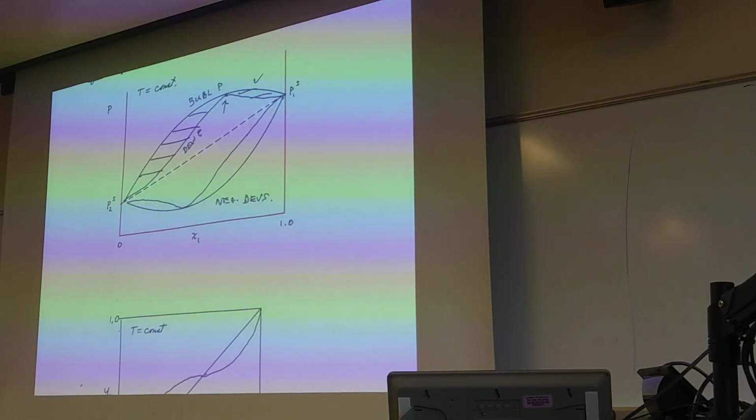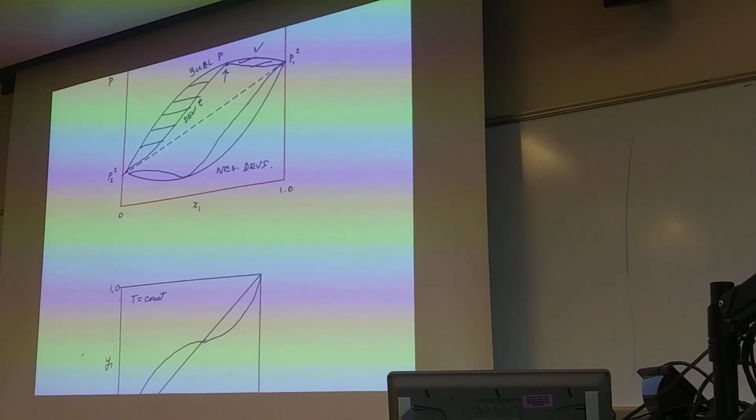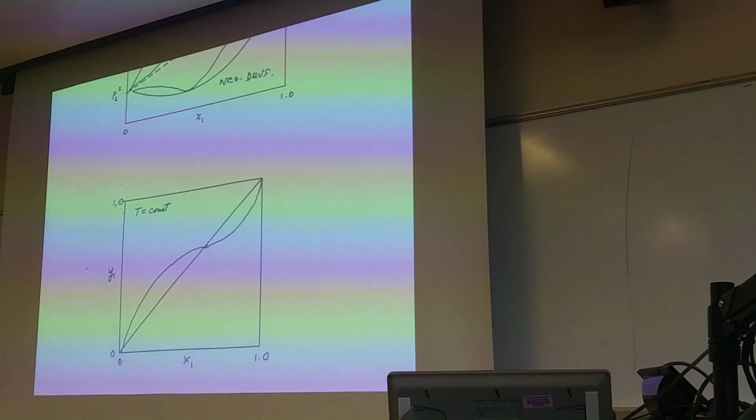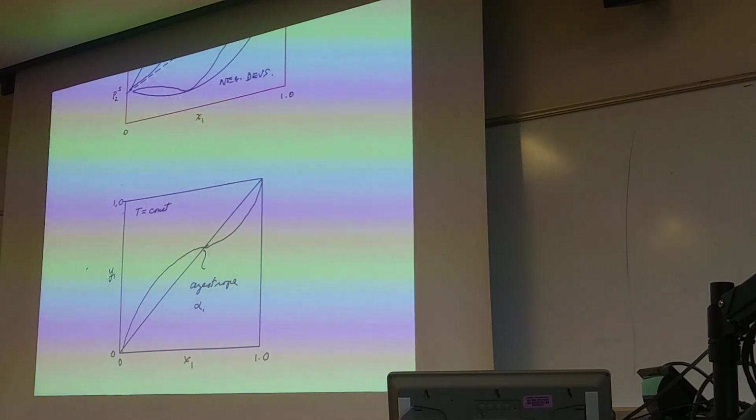Here is the liquid phase. So this is what the curve looks like. So another way to define the azeotrope is alpha 1,2 equals 1. All of these are equivalent statements defining an azeotrope.